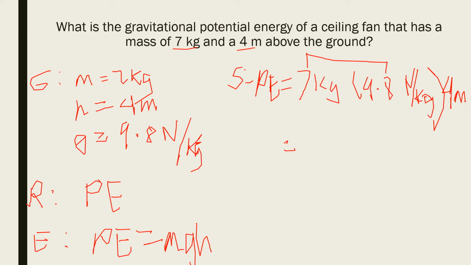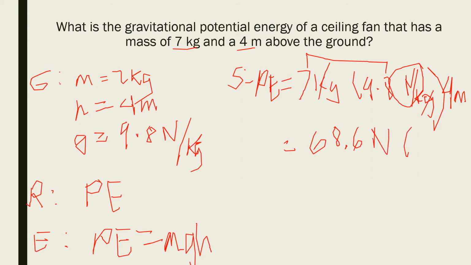So 7 multiplied by 9.8, the answer is 68.6. Take a look at the unit. There are 2 units for mass, so you need to cancel this kilogram. The remaining unit here is Newton.